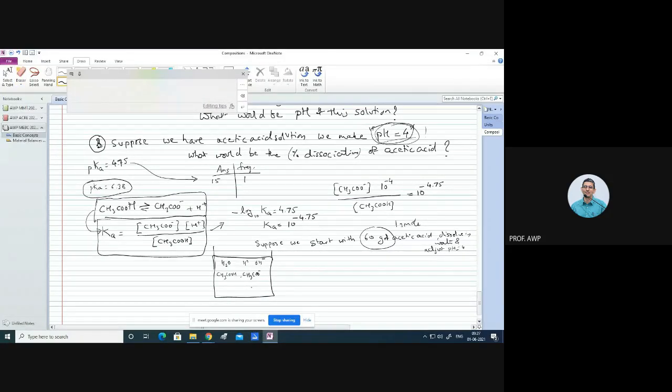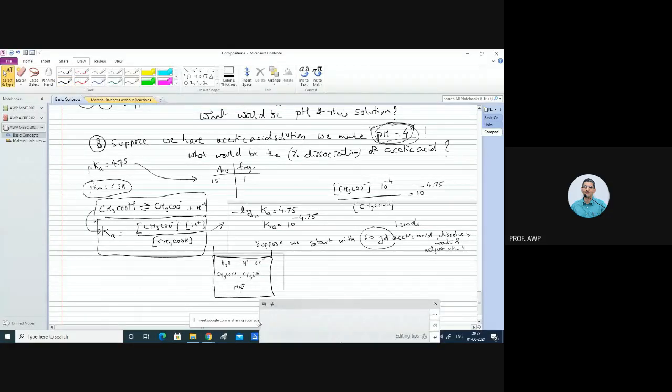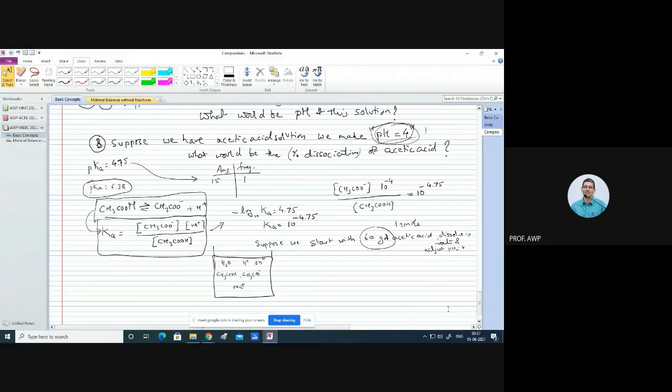Maybe I have added NaOH, that's why it is going to contain Na plus ion as well. Do you agree with that? These are the things that are going to be present in this solution. What did I start with? I started with 1 mole of the acetic acid. So suppose I say X gram moles have dissociated.